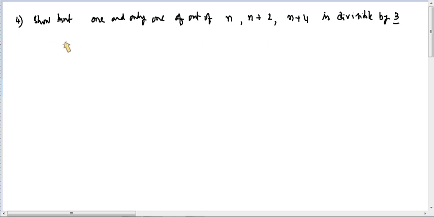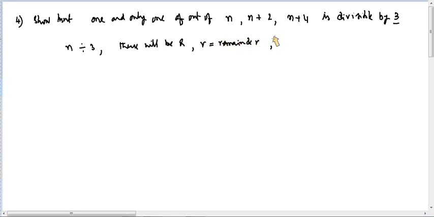So now here we have to take n divided by 3. Suppose n is divided by 3, then there will be some quotient q, because Euclid division lemma needs a quotient, and r remainder.